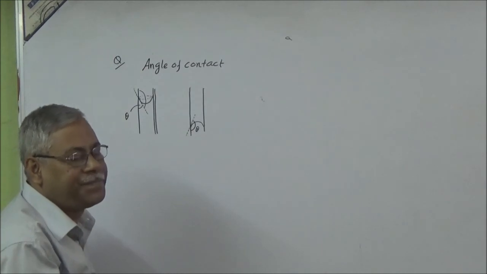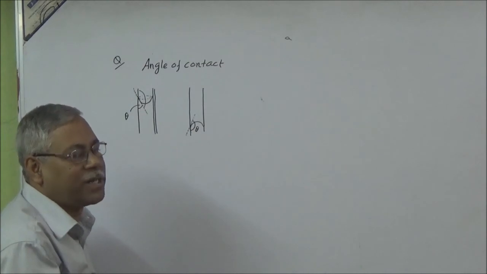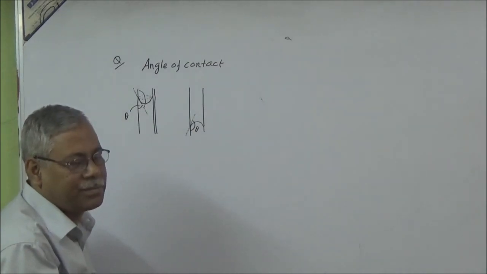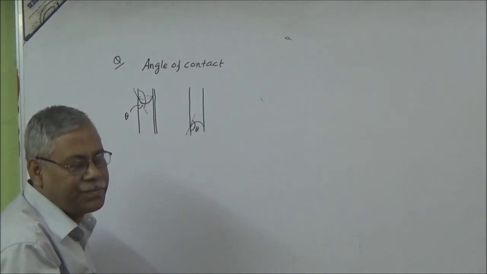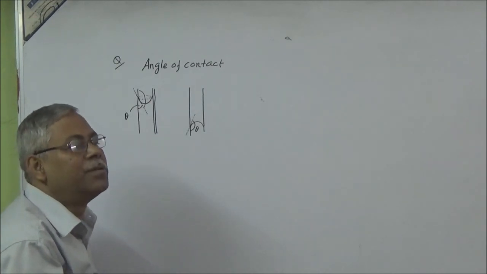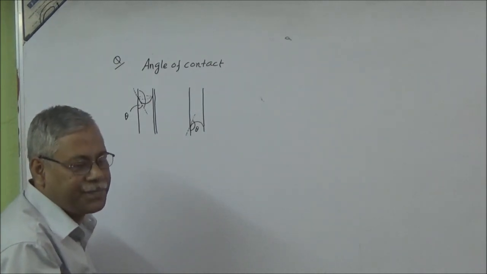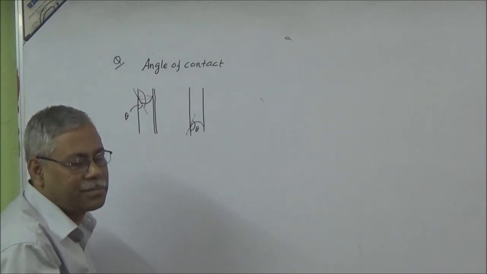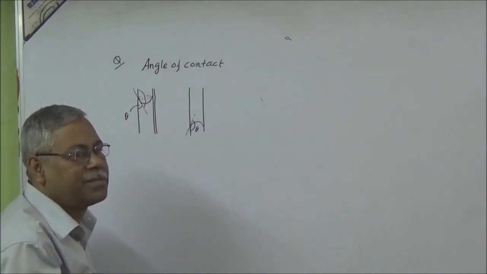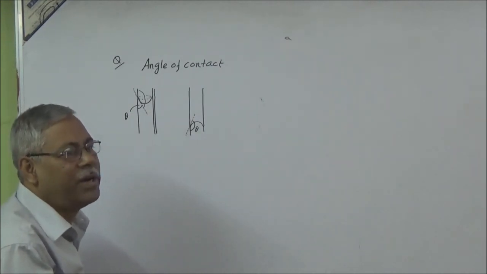For example, for glass and water, the angle of contact is very close to 0 degrees, and for mercury and glass, this angle is 139 degrees.